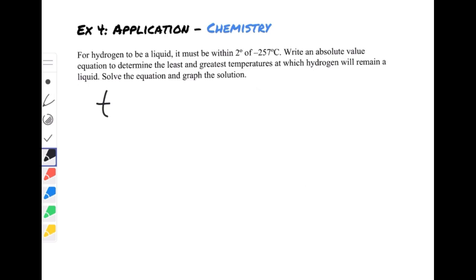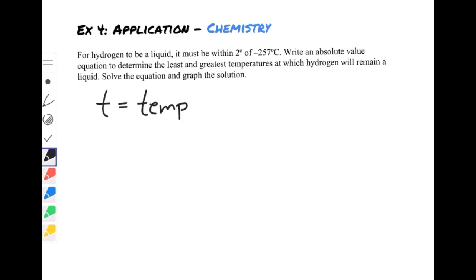So we're just going to call T our temperature. Now, think of this for a second. The value has to be within a range of 2. So we already know that negative 255 and negative 259 would be our two values.